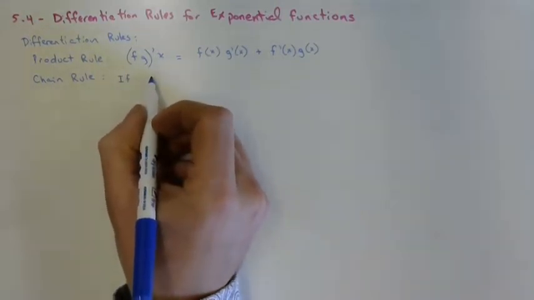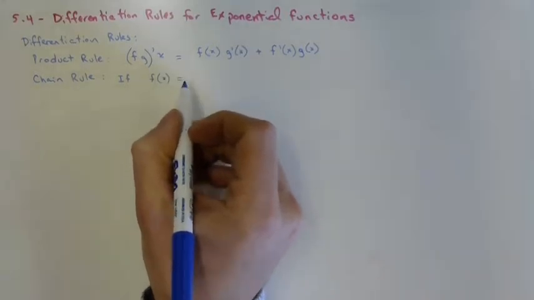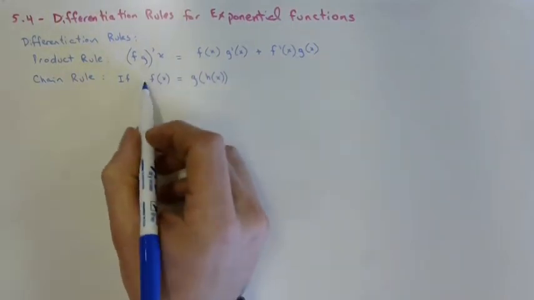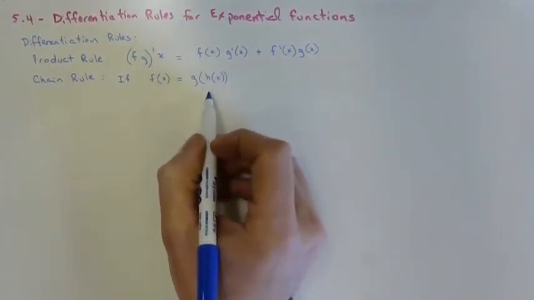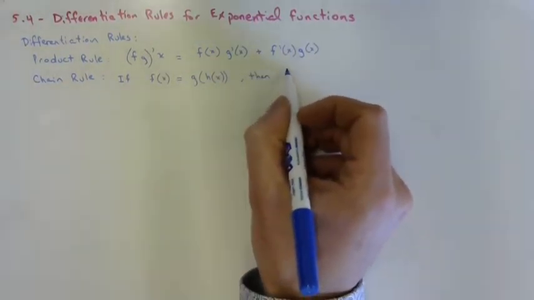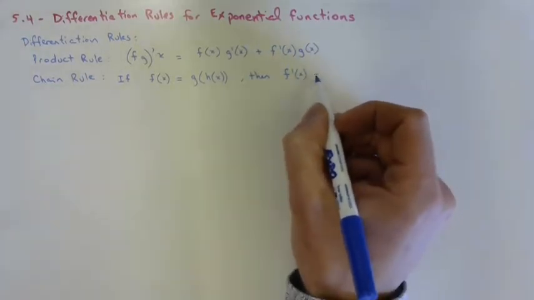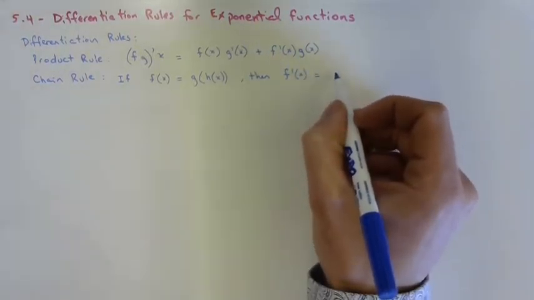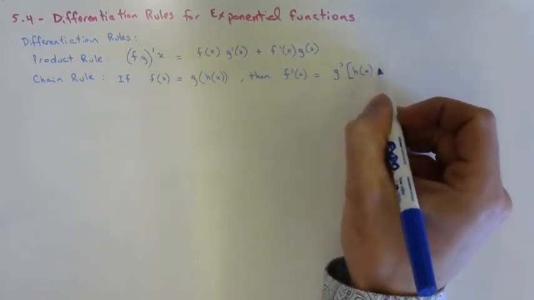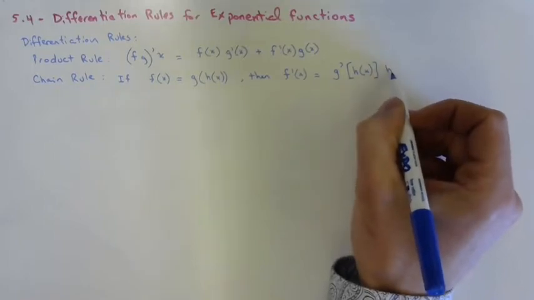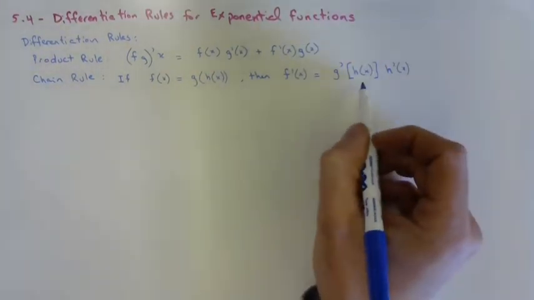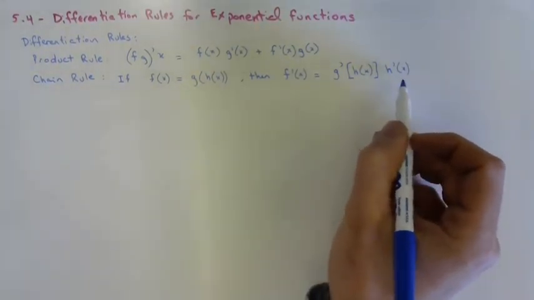If f of x can be written as g of h of x, so if we notice that f of x is actually a composite function, one function inside of another function, then the derivative of f of x is equal to the derivative of the outer with respect to the inner times the derivative of the inner.